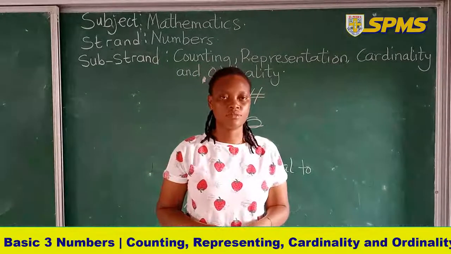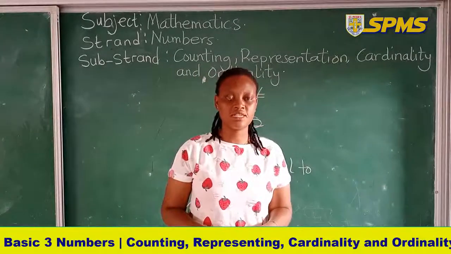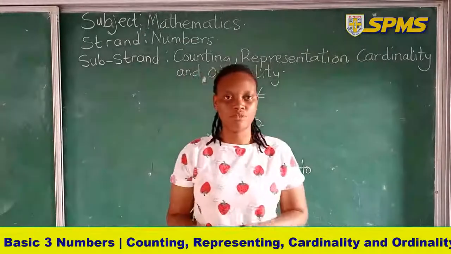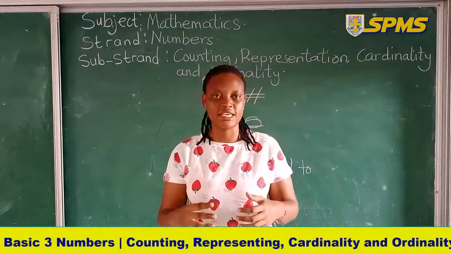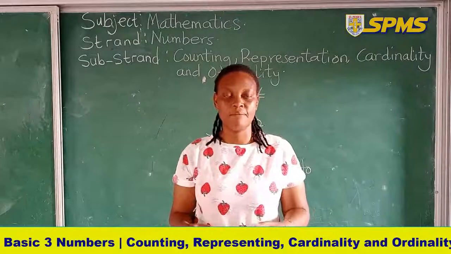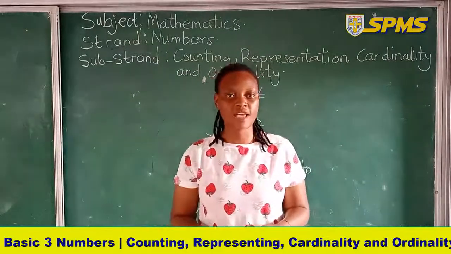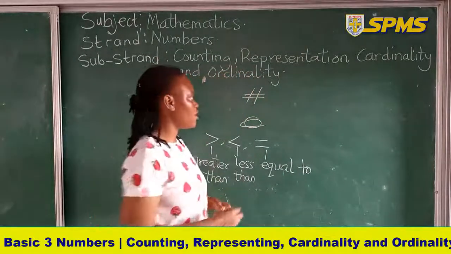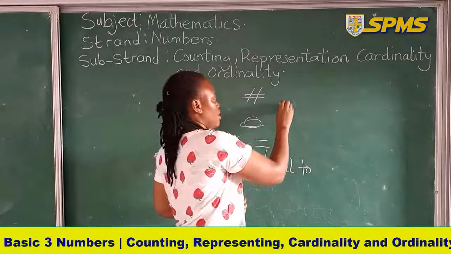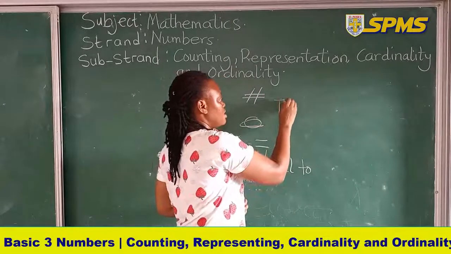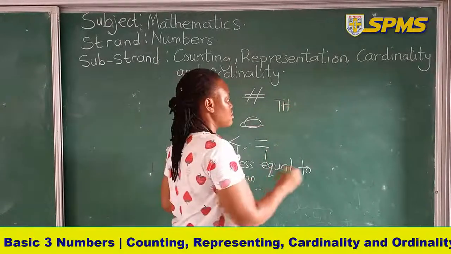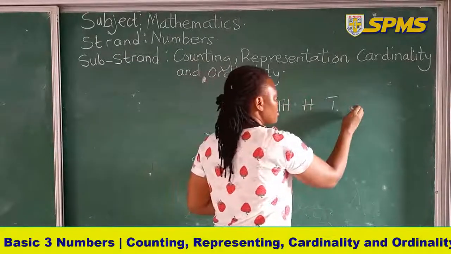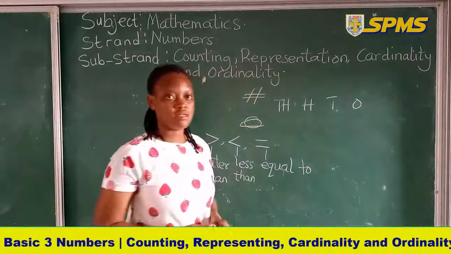Good, children. So in our previous lesson, we spoke about place value and the value of digits in numbers. We realized that the place value of numbers are represented with thousands, hundreds, tens, and then ones.